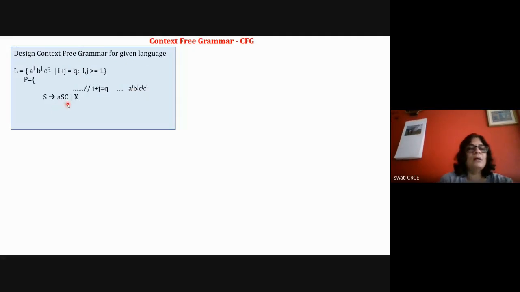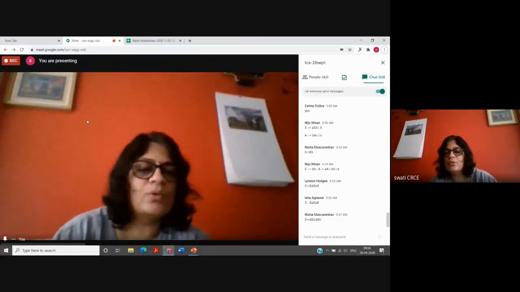Then X will be equal to, X is going to represent b raised to n, c raised to n. So X will be equal to bXc or bc, because at least it should be equal to 1.